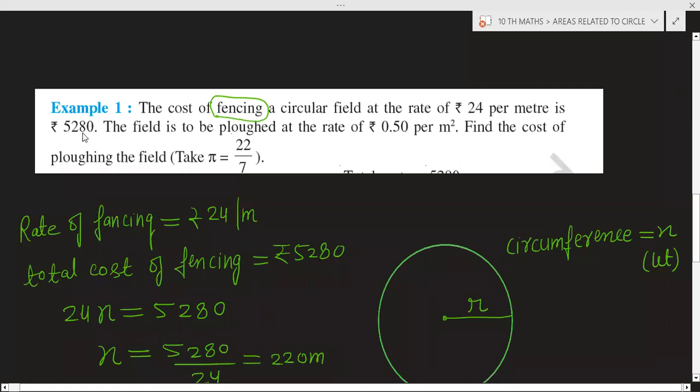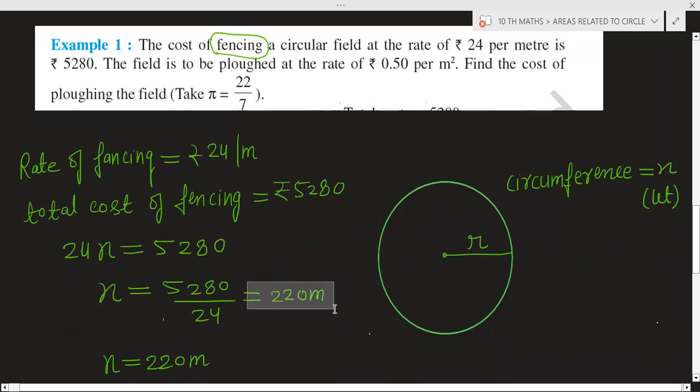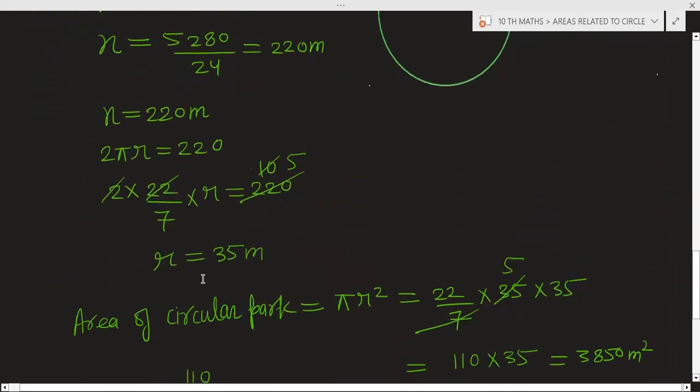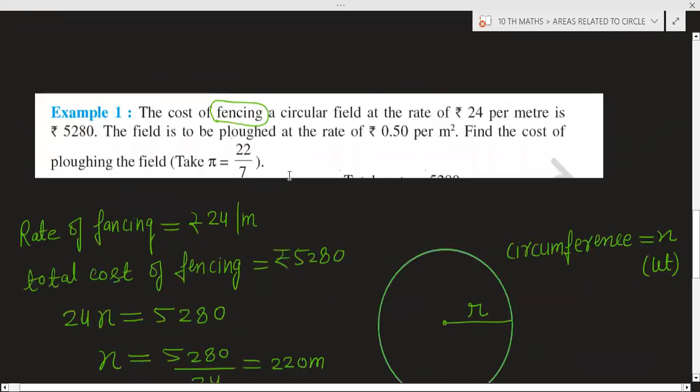Total cost of fencing is 24 into x, where x is the circumference. From here you will get the circumference, from the circumference you will get the radius, and with the radius you can find the area. And they have given that for plugging 1 meter area you have to spend 0.5. When you multiply the total area with 0.5, you will get the total cost of plugging.